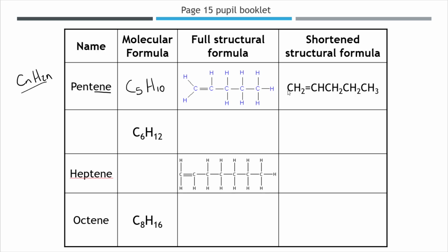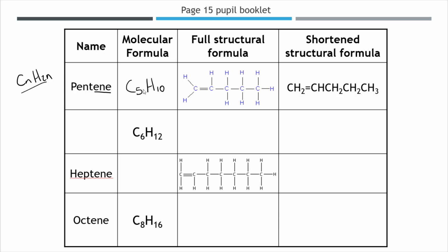So even though this is the shortened structural formula, when we wouldn't normally include any bonds, if there's a double bond in the compound, we'll pop it in just to make sure we are showing that it is an alkene, and it's a lot more obvious what kind of compound it is. So that's an important bond, so we'll pop that one in. We wouldn't put in any single bonds though into our shortened structural formula.